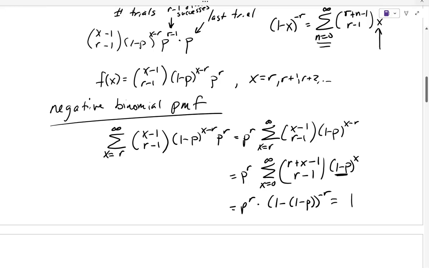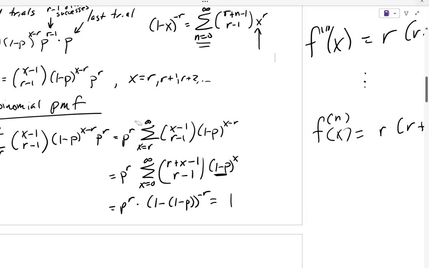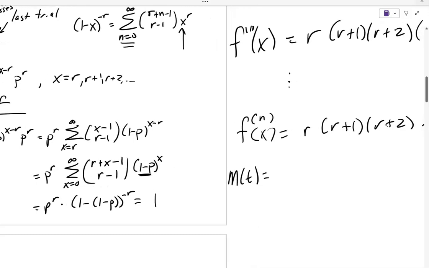All right, so let's do the moment generating function so that we can do the mean and the variance. What's the definition of moment generating function again? Expected value of what? E to the tx, right? That's our definition.